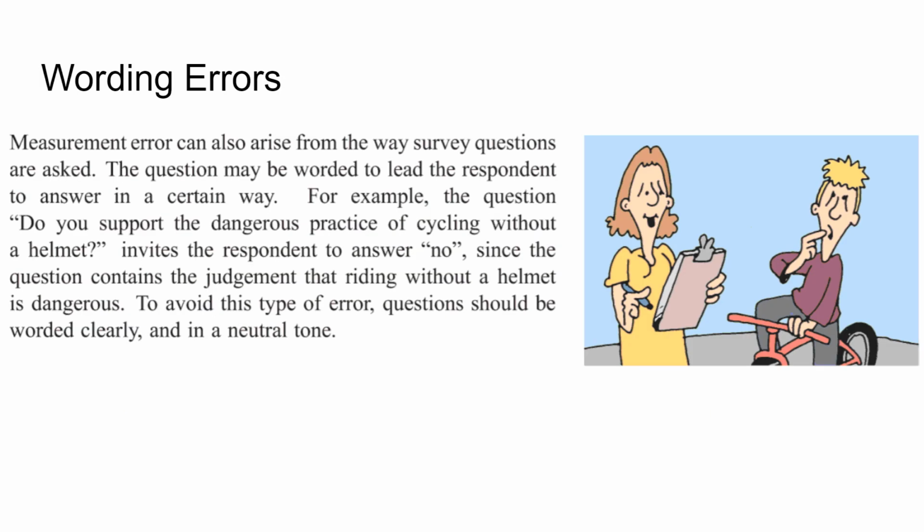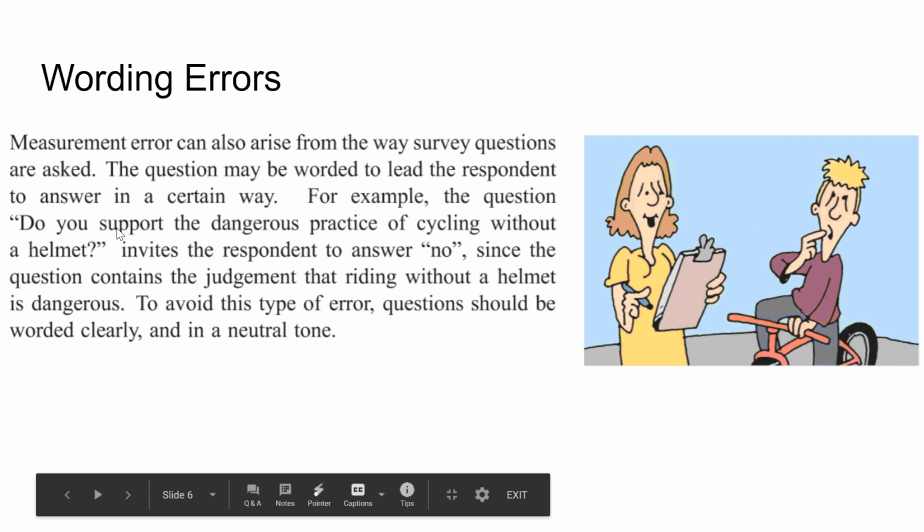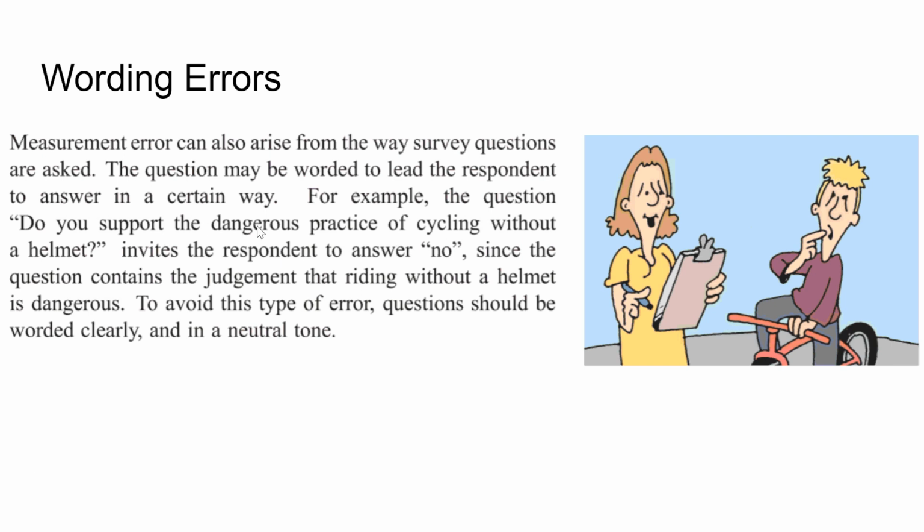Wording errors. Wording error can occur in a couple of different ways. It can occur if we just give one side of the argument. So it says here, do you support the dangerous practice of cycling without a helmet? By including the word dangerous, they're making the person who's responding think a certain way about this particular practice, and therefore they're not giving an objective question.